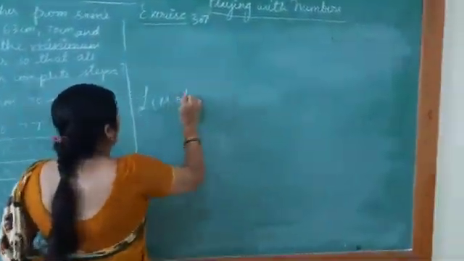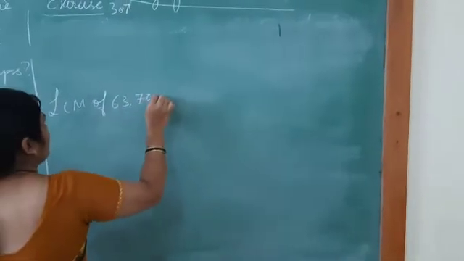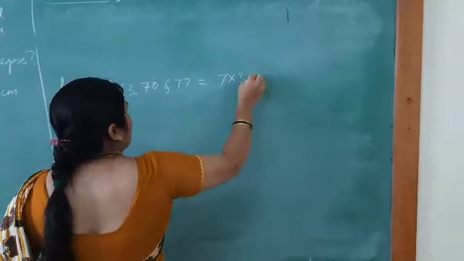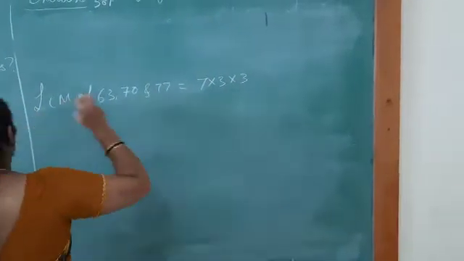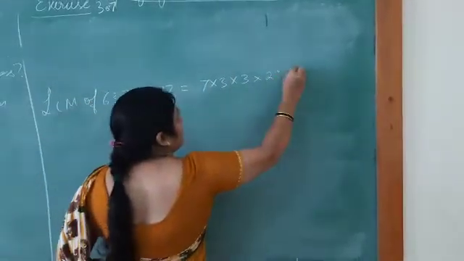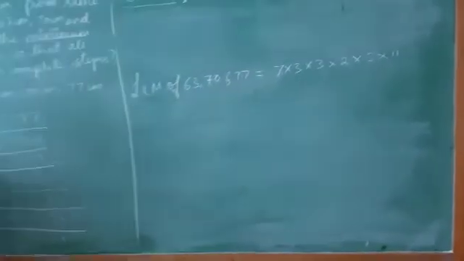LCM of 63, 70 and 77 is equal to 7 into 3 into 3 into 2 into 5 into 11. As you can see here, there are 6 factors.